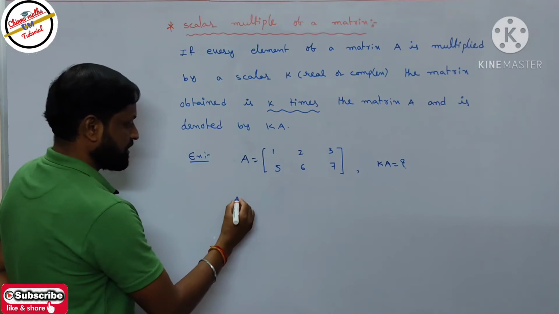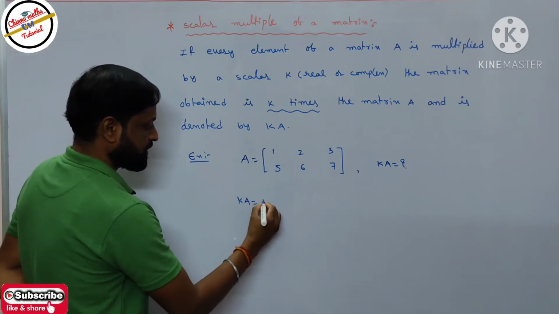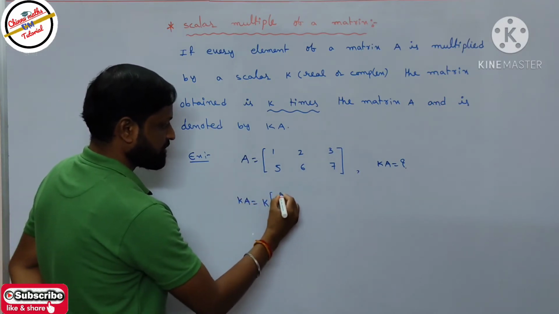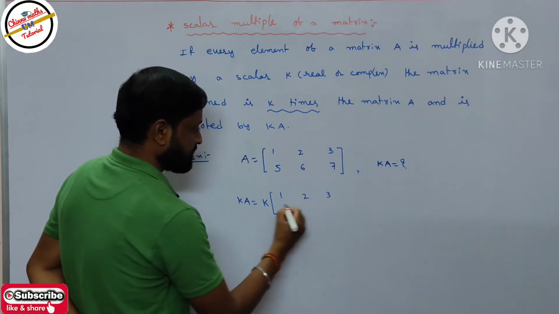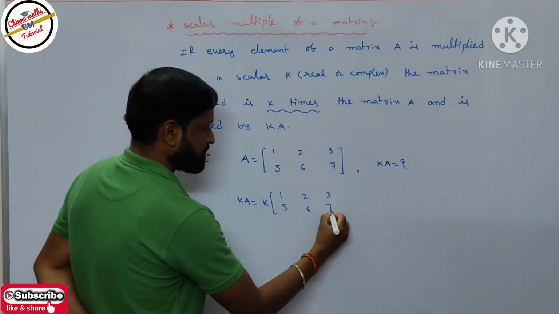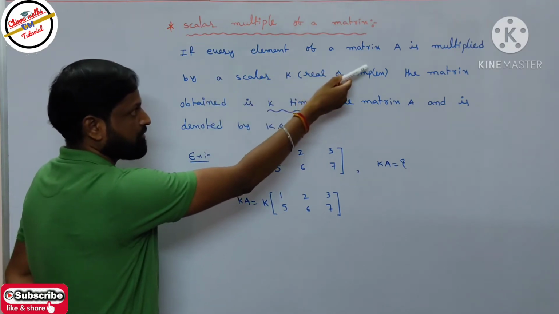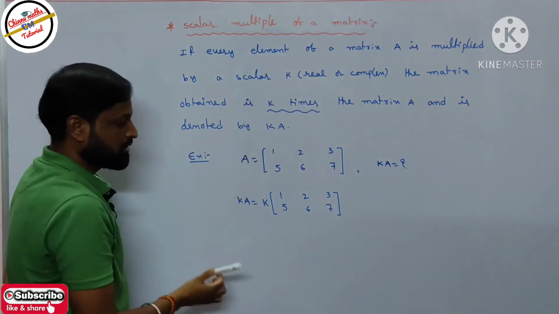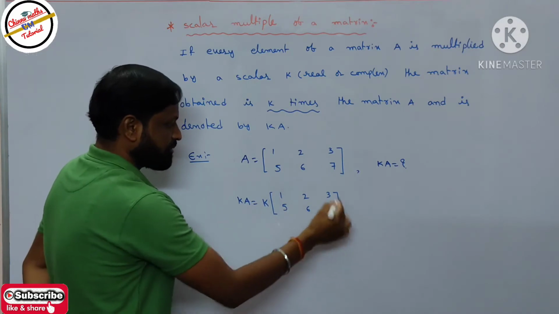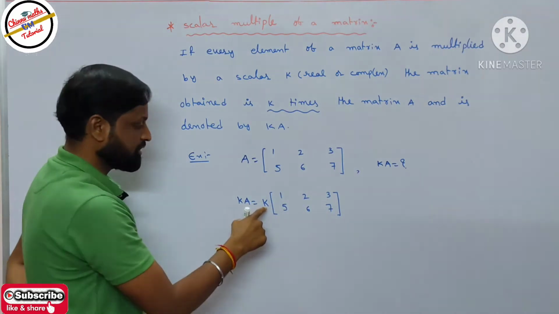So kA equals k times the matrix A, which is 1, 2, 3, 5, 6, 7. According to the definition, every element of matrix A is multiplied by the scalar k.